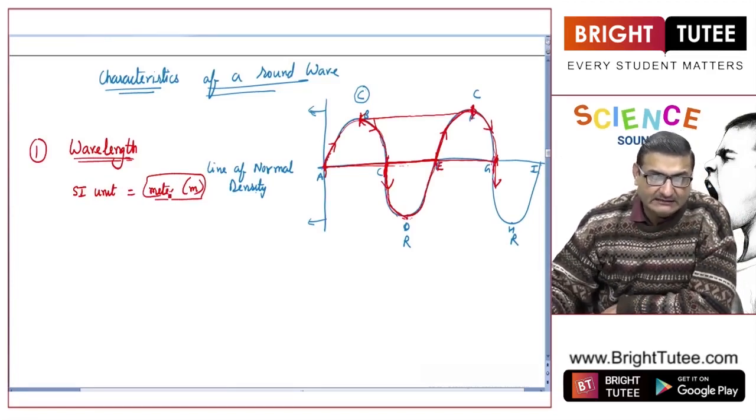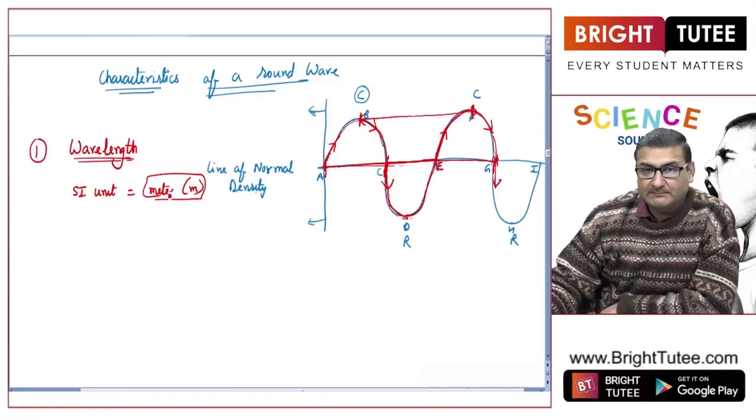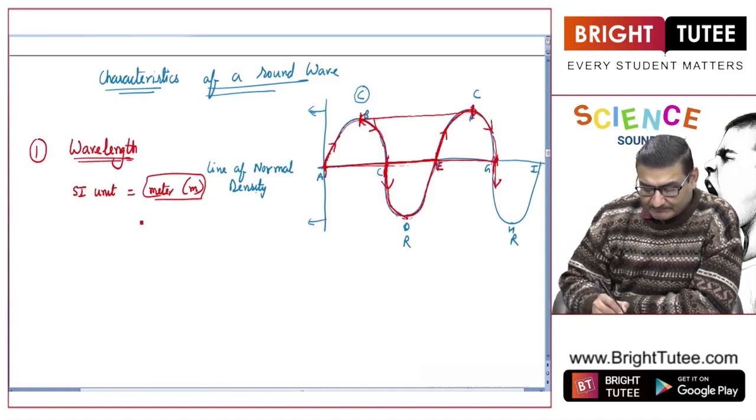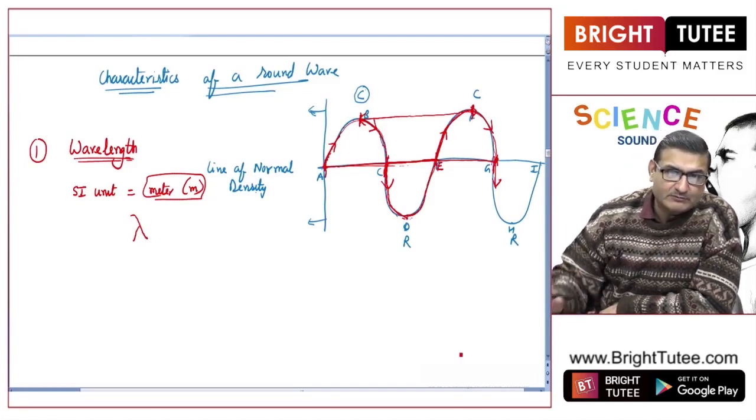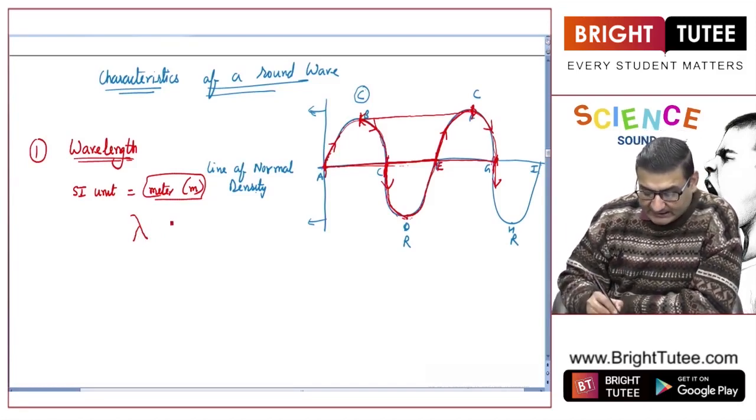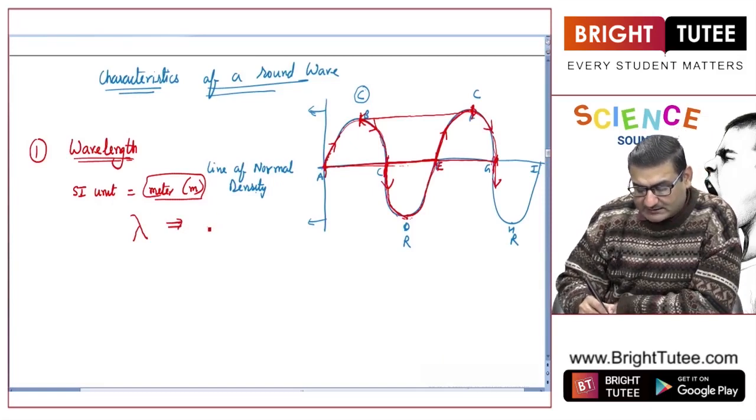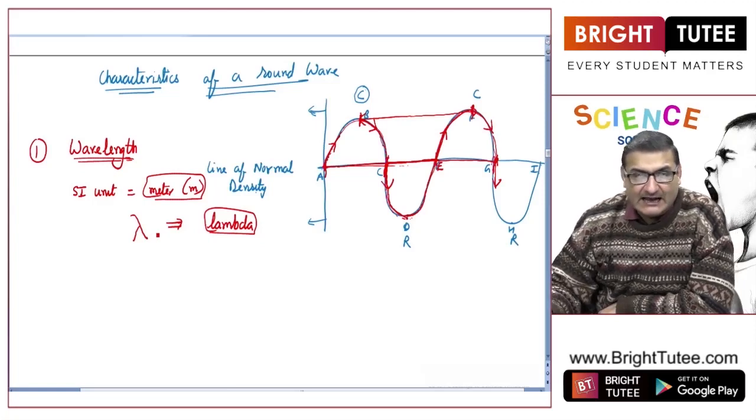Now this wavelength is represented by this sign, which looks like an upside down y, and the name of the symbol is lambda.